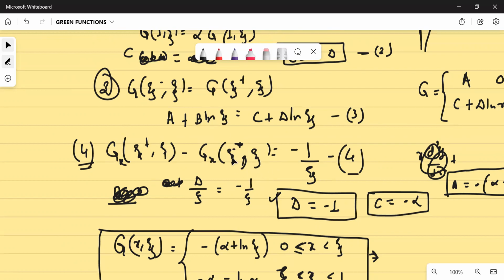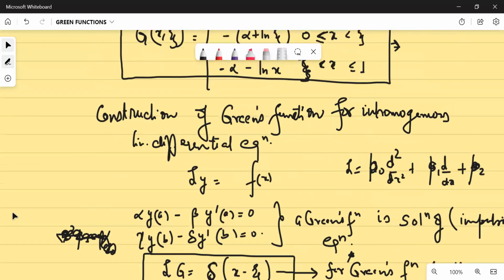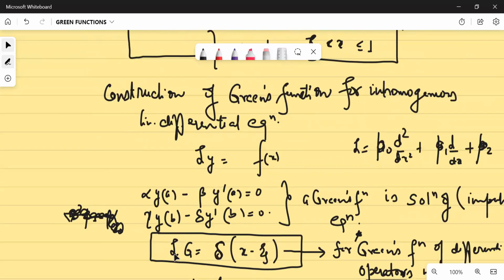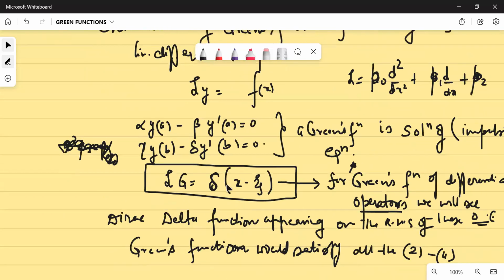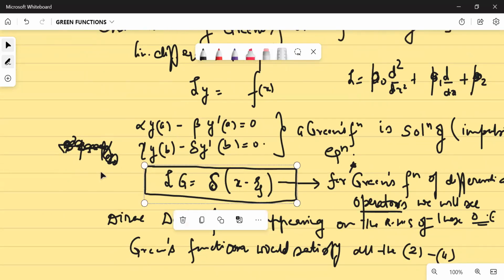If you remember, when we were doing the Dirac delta potential in quantum mechanics, or anywhere, whenever you had this Dirac delta function sourced at some point, and you want to solve the second order differential equation, your first order derivative becomes discontinuous, isn't it? If you remember.